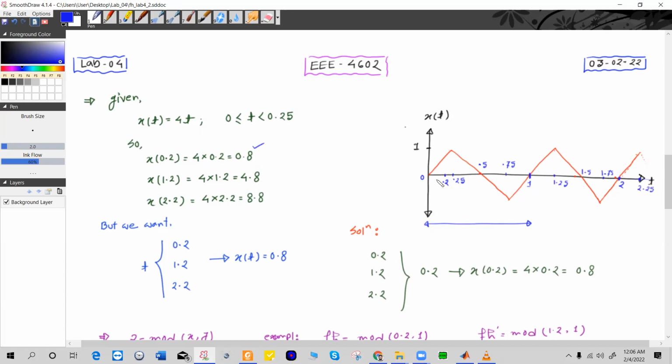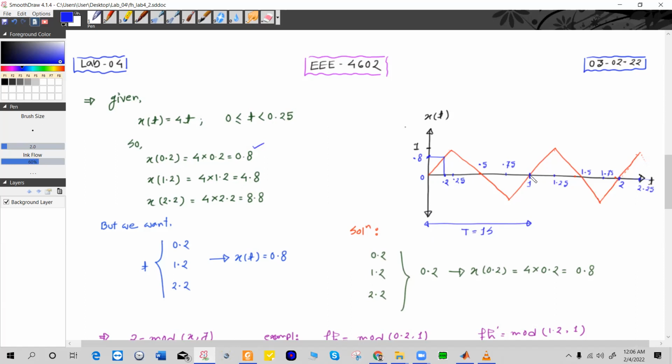Let's check. It should be somewhere here, 0.8. This is our periodic signal, with total time period of 1 second. Now, if we consider 1.2 in this equation, then 4 into 1.2 is 4.8.